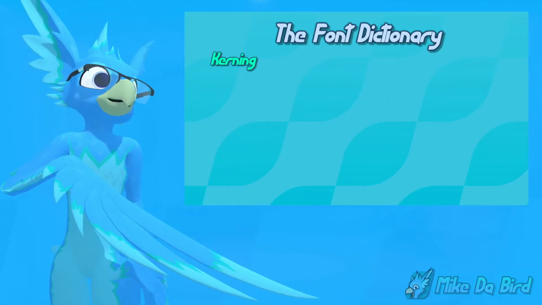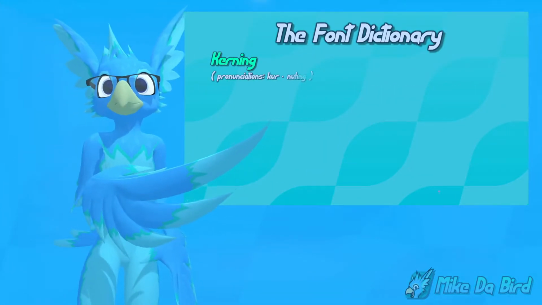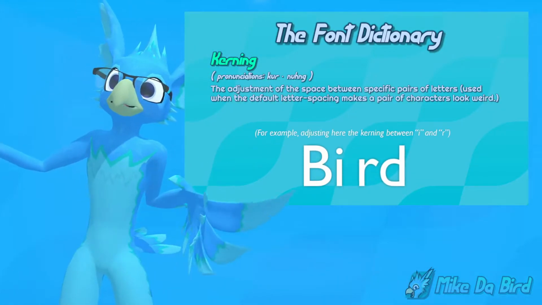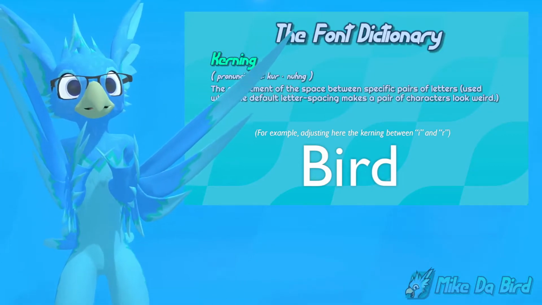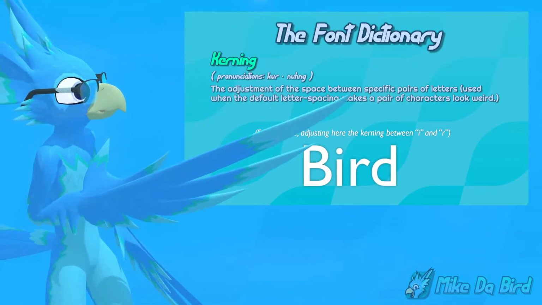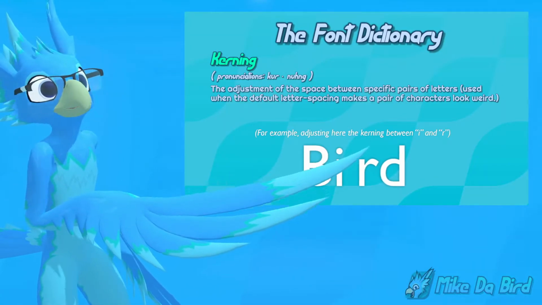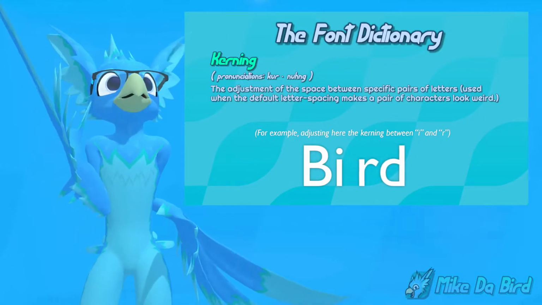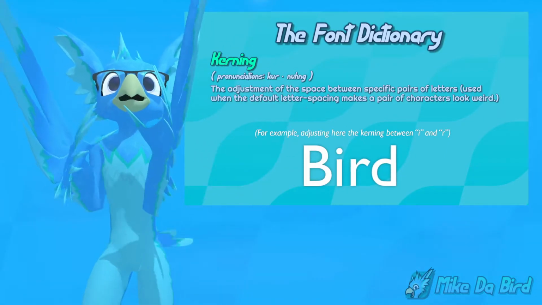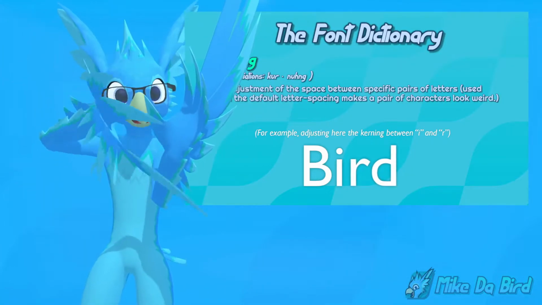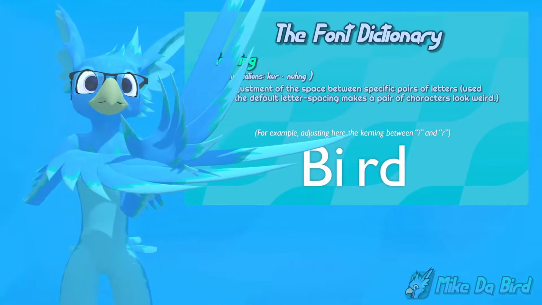Then you finally have kerning, which is kind of the same as letter spacing, but instead of acting on every single character, it acts on only a pair of characters. So in this case, I am acting on the kerning of I and R. Because with some characters, you might put I and J, which will look fine because the J will go underneath the I perfectly fine.